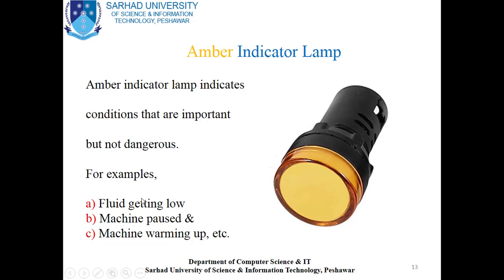So these are a few examples. Number 1, fluid getting low. Number 2, machine paused. Number 3, machine warming up, etc. These are a few examples related to an amber indicator lamp. So we have discussed different conditions for different indicator lamps.